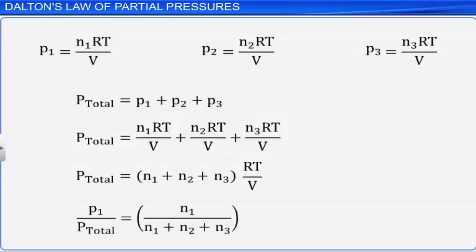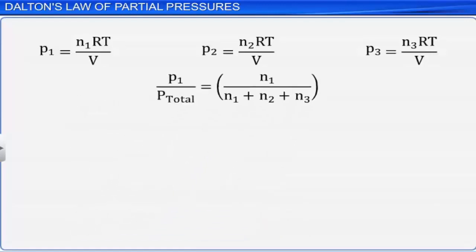Here, RT and V get cancelled. Therefore, P1 by P total is equal to N1 divided by N, where N is equal to N1 plus N2 plus N3, or total number of moles.